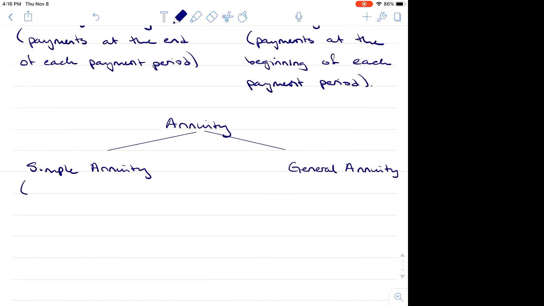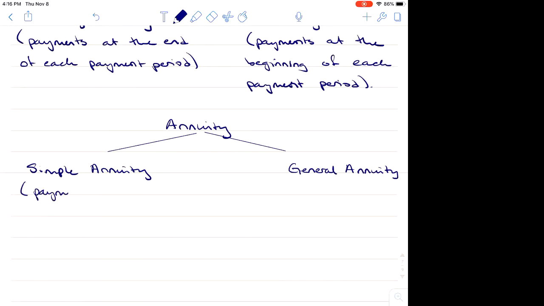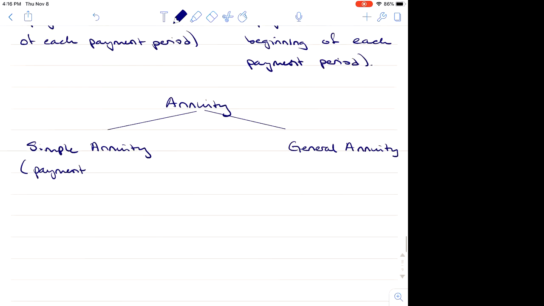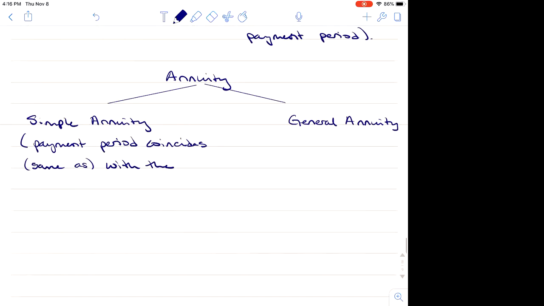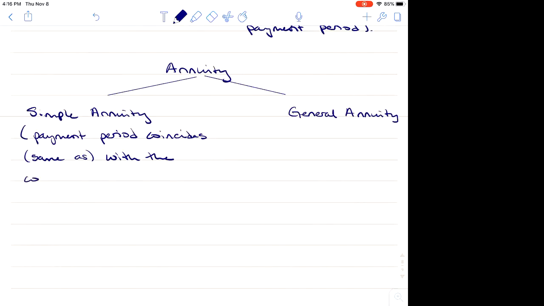So a simple annuity is where the payment period coincides, right? Same as, so I'll put in brackets just in case, with the compounding period.